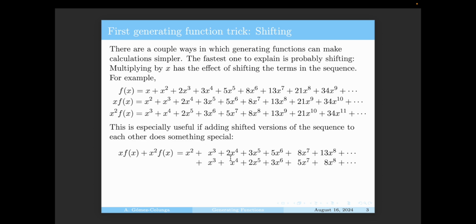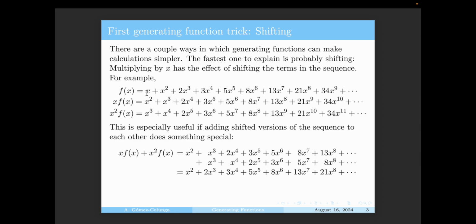Well, just adding term by term, we get the 1x squared, an x cubed from each for a 2x cubed, a 2 and a 1 make a 3, a 3 and a 2 make a 5, a 5 and a 3 make an 8 and a 5 make a 13, and hang on, this sequence is familiar.